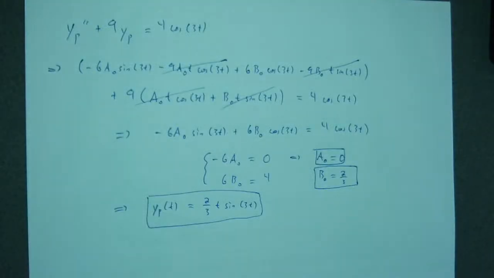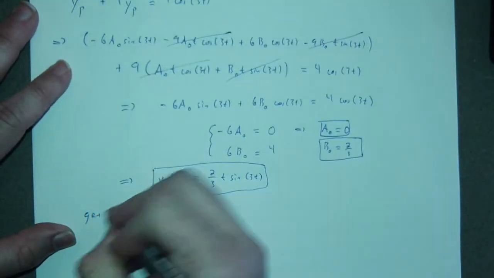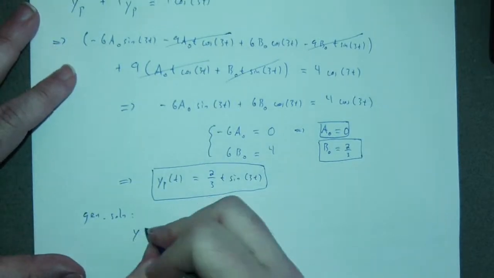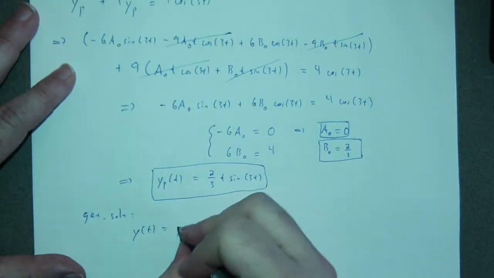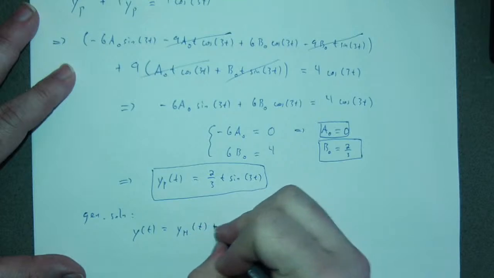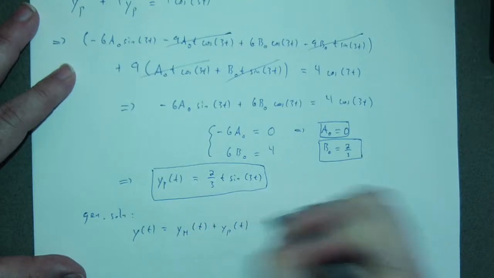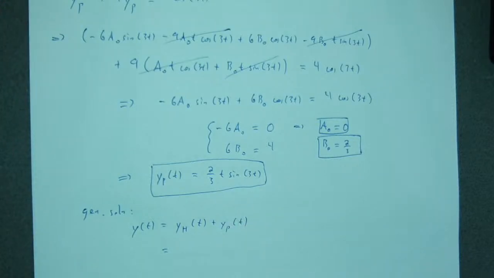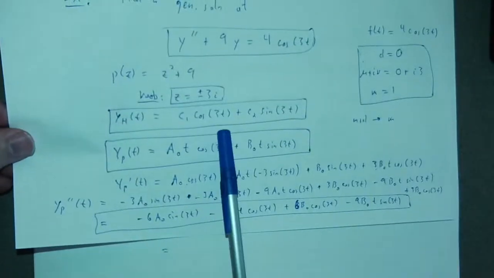Right? Okay. And so, the general solution that we originally sought must be what? Well, as usual, this is homogeneous part plus particular solution. The homogeneous part we found to be c1 cosine 3t plus c2 sine 3t.